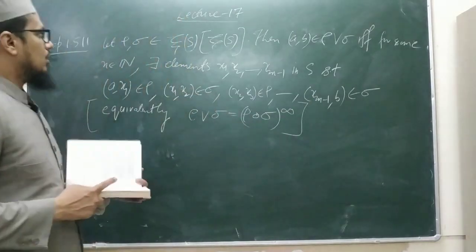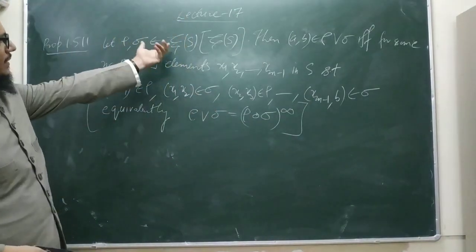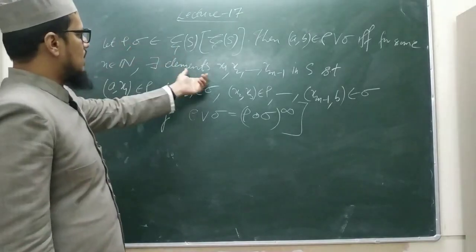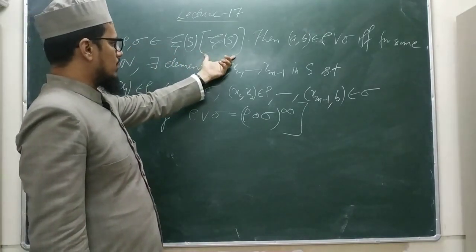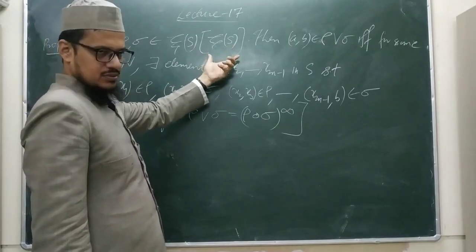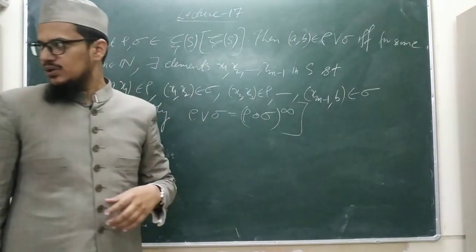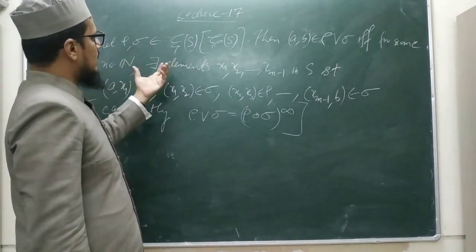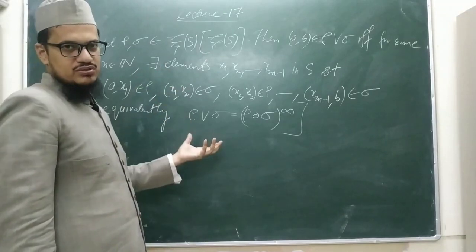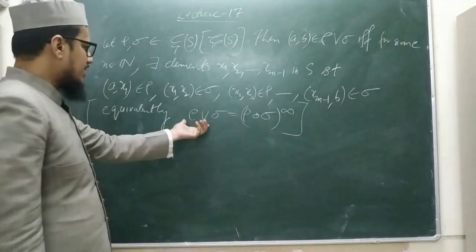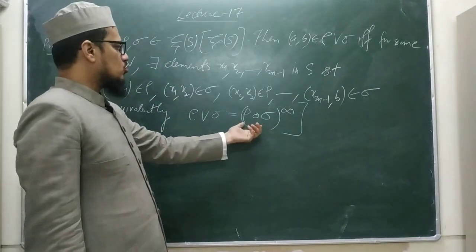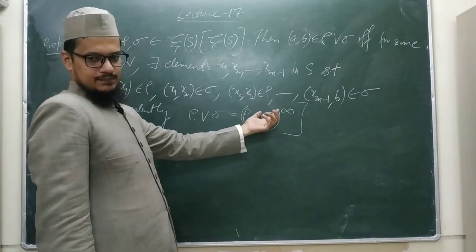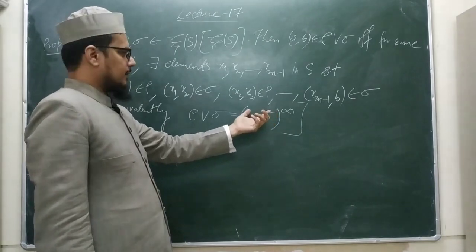See, either you take rho, sigma from the lattice of equivalences on a semigroup S, or you take rho, sigma in the lattice of congruences on a semigroup S. Whether you take equivalences rho and sigma or congruences rho and sigma, rho join sigma is equal to what? Rho composition sigma to the power infinity. This you have to prove. Correct?